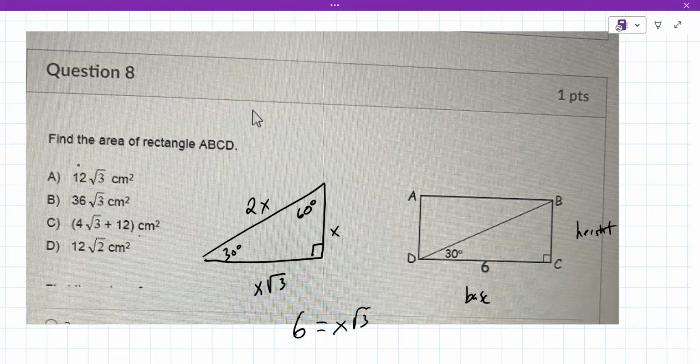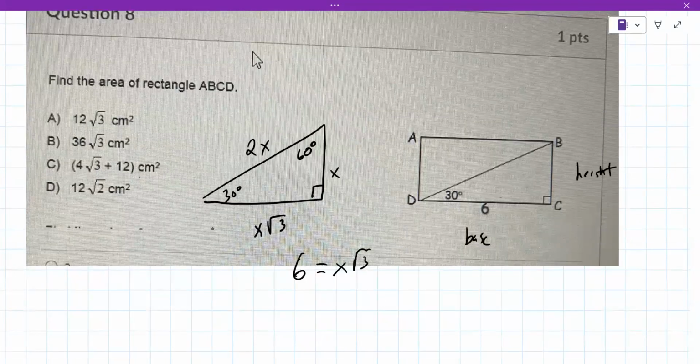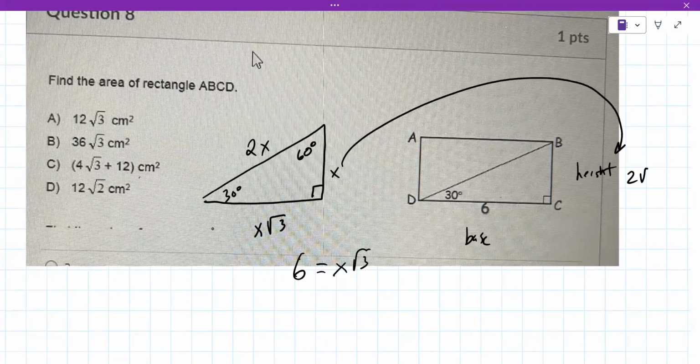The base is X, which happens to be 6. And the height is 2√3. So then to find the area, you multiply the base times the height.